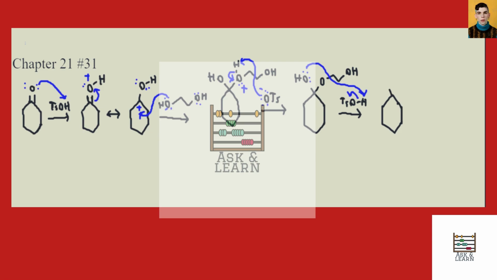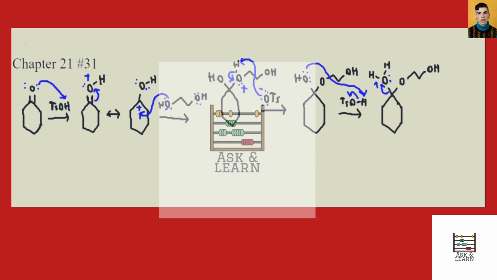So we have our protonated alcohol here now. It is going to leave. So it has just one lone pair and a positive charge. And so it is going to take off as a water molecule.